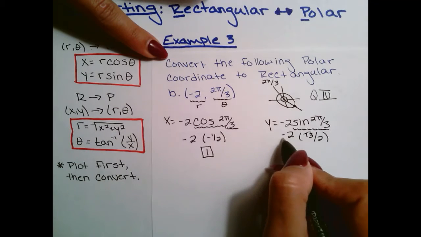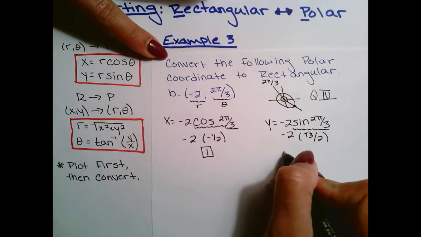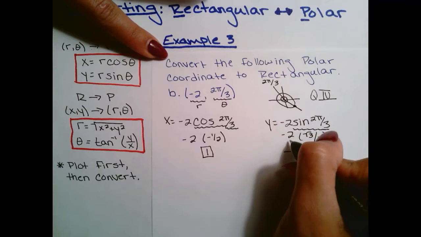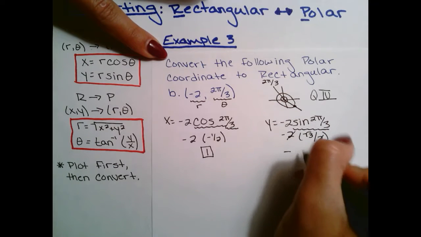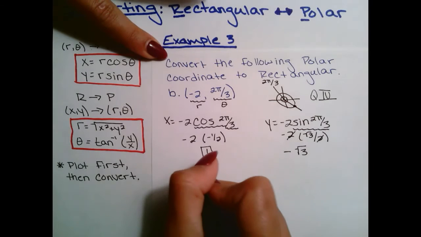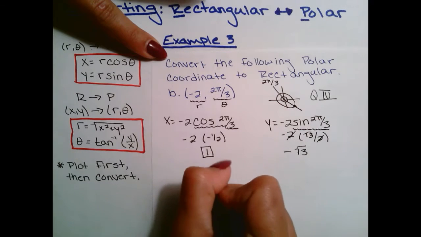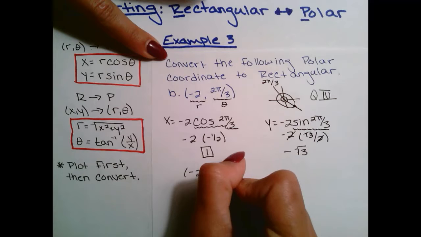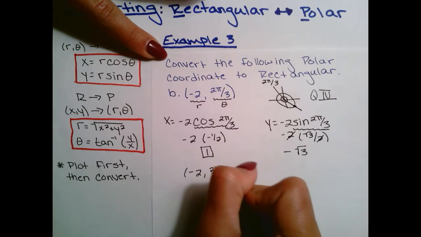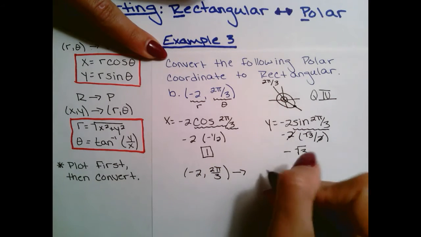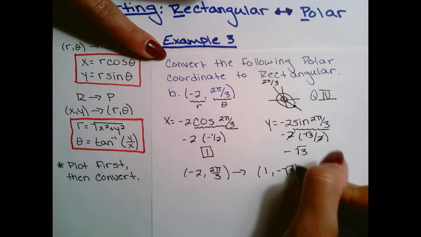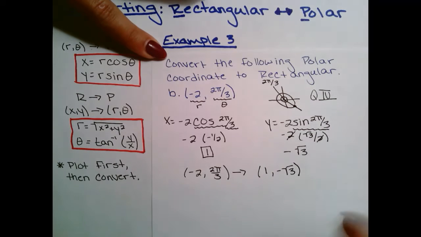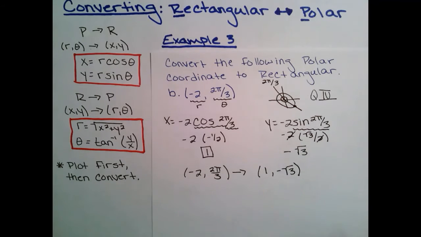And now here, a negative times a positive is going to give me a negative. And this is like saying 2 over 1. So these 2's are going to cancel, and I should just be left with negative radical 3. So in this problem, negative 2 comma 2 pi over 3 in polar has now become 1 comma negative radical 3 in rectangular.